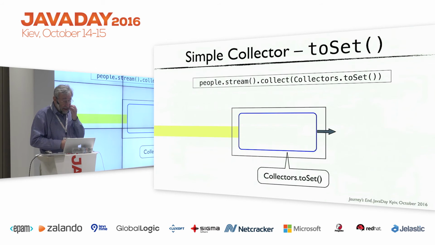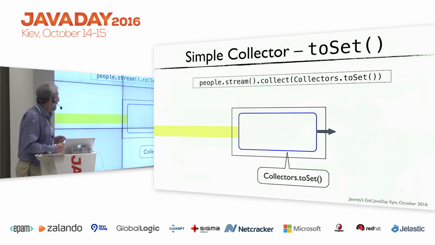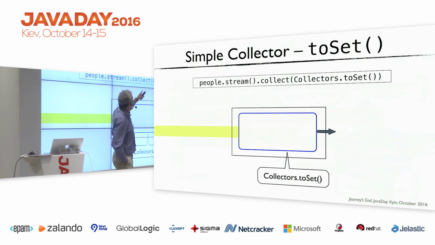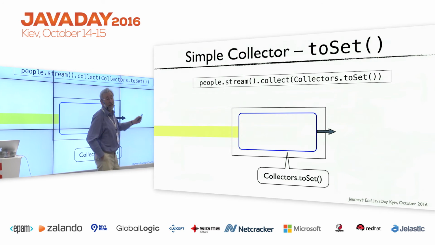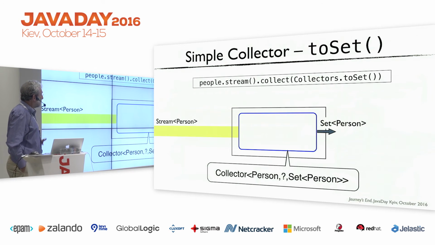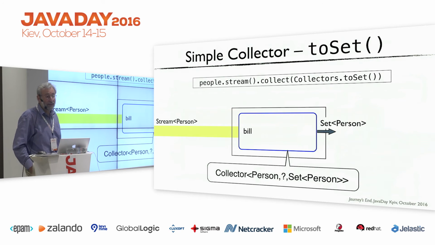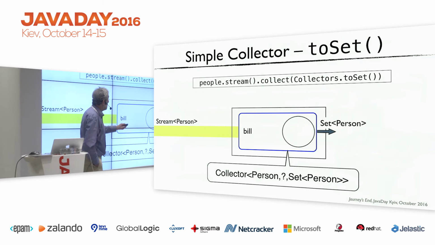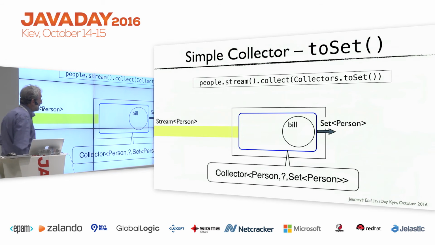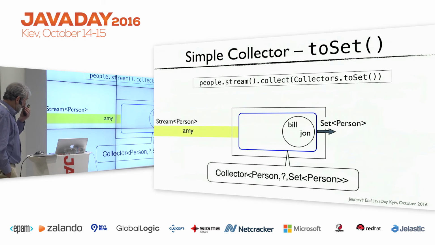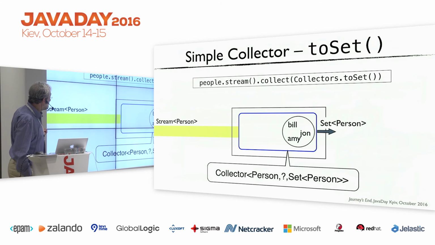Here's an animation which you may think is a bit insulting, but you'll see they're quite useful in the end, of how the collector that is produced by this static method on Collectors, the toSet method, works. I'm imagining that values are going to come in on the stream here. Here comes Bill, which is a person object. The collector constructs a set internally, and it puts a reference to Bill in that set, and then when another person object comes along, it puts a reference to that in there, and so forth, until the stream is exhausted.